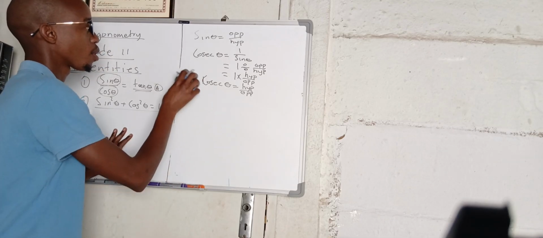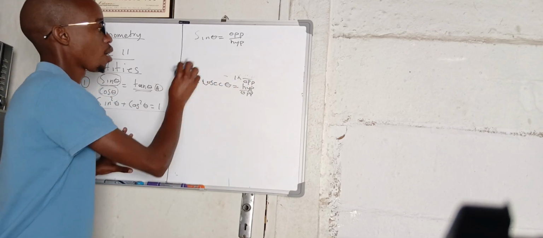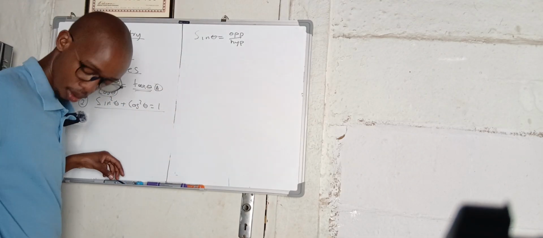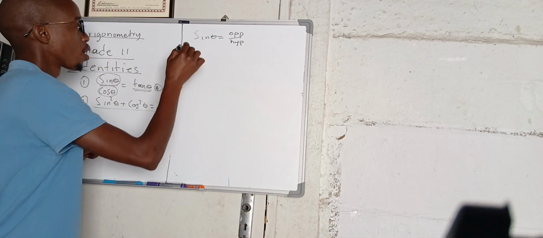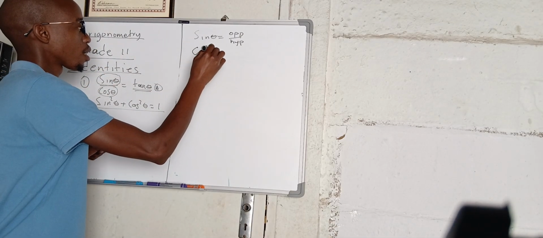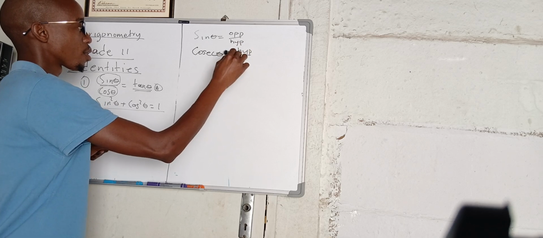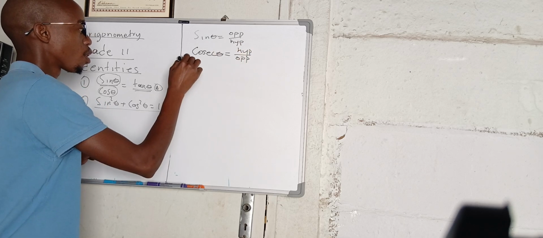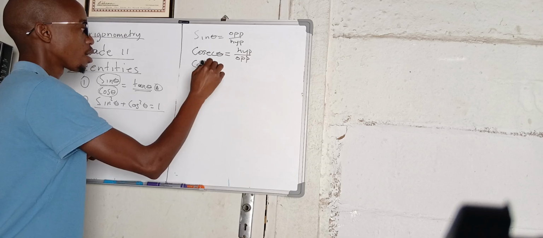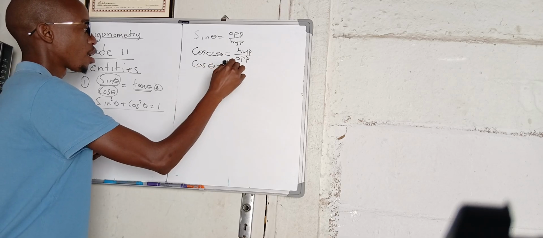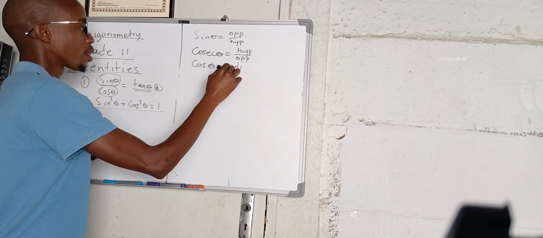So that is for cosec. I'm going to write it here. Cosec theta. Like I said, we are inverting: hypotenuse over opposite. We are doing the same for all. So cos theta is adjacent over hypotenuse.